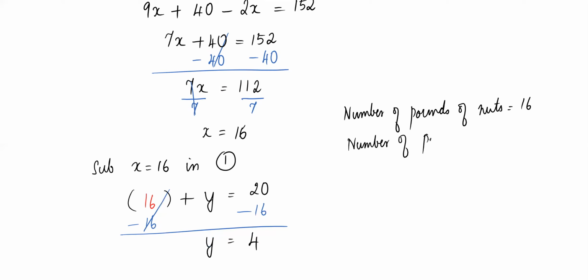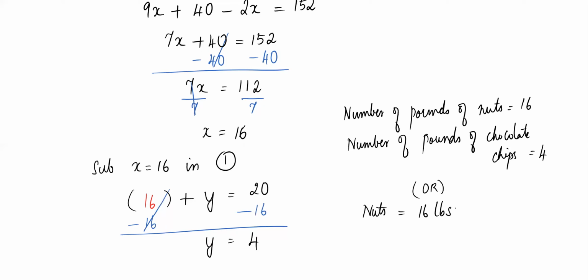Number of pounds of chocolate chips is 4. Okay, you could either write it like this, or you could just say nuts, 16 pounds, and chocolate chips is 4 pounds, using the LBS notation for pounds.